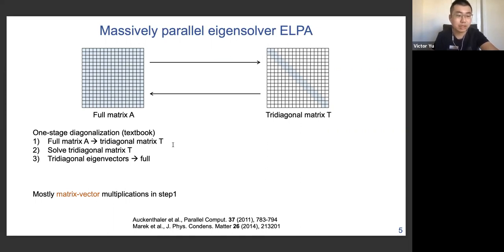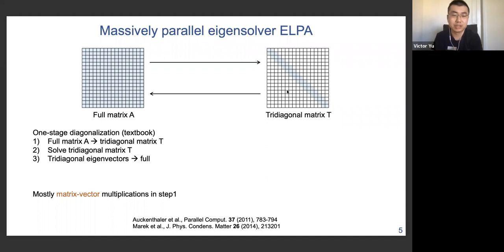The first algorithm is the textbook method, called the one-stage diagonalization method. It first transforms this matrix A, of which we want to compute the eigenvalues and eigenvectors, to a tridiagonal form, which is easier to solve.